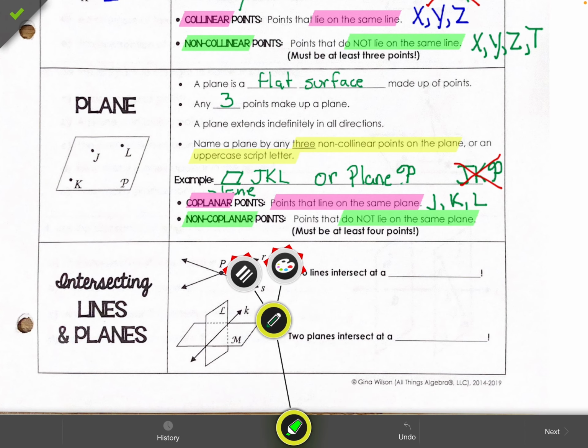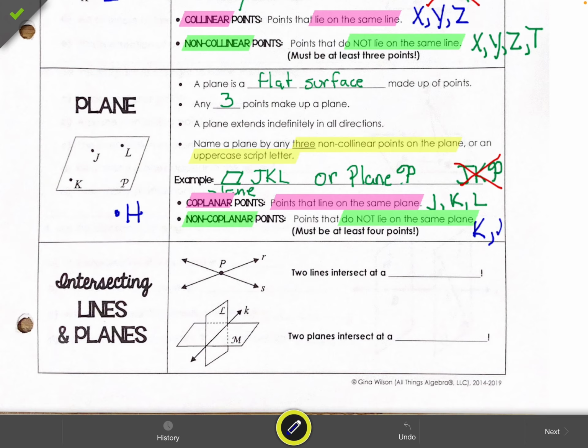So again, let's go back to the picture. Let me add a point so you can see it. So let's put point H. Okay, it's kind of floating over here underneath our plane. If we looked up those 4 points, H, L, J, and K, we would say as a group they're non-coplanar because H is down by itself.